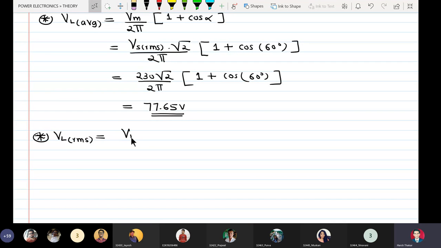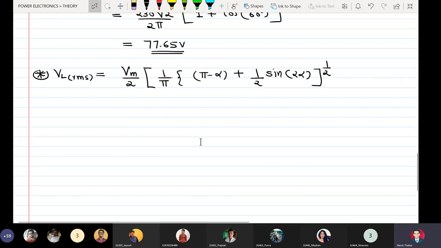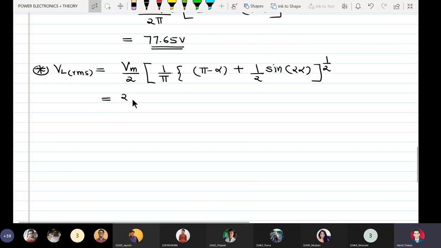VL RMS is Vm upon 2 into 1 upon pi into pi minus alpha plus 1 upon 2 sine 2 alpha, whole under root, which is equal to 230 root 2 upon 2 into 1 upon pi, and we have pi minus pi by 3.